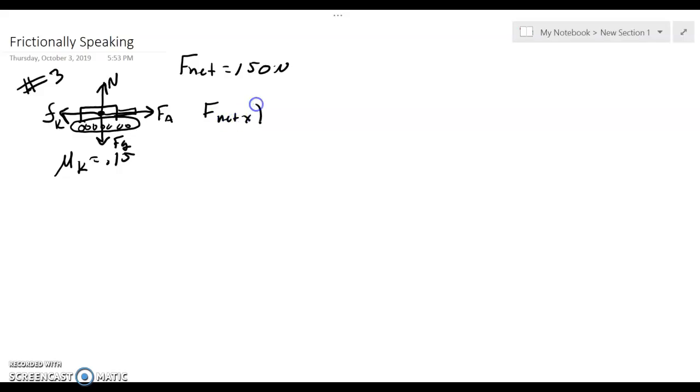We will start by just writing out F net x, F net y, and Fa minus kinetic friction equals ma. F net y is n minus Fg, but Fg is mg, so you see the substitution right now.